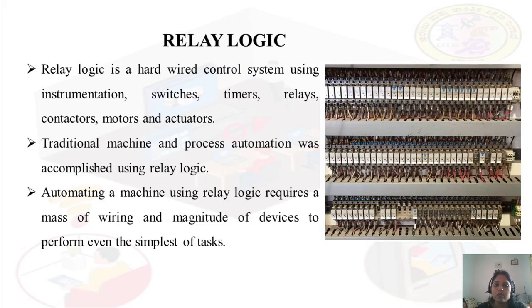Traditional machine and process automation was accomplished using relay logic. So before PLCs, they were using only relay logic. Automating a machine using relay logic requires very elaborate wiring. Also, it needs more components to perform simple tasks. That is why it is very big in size. Understood?